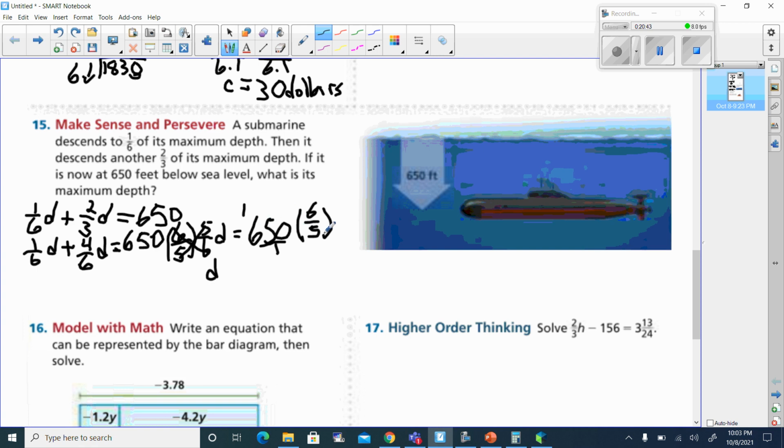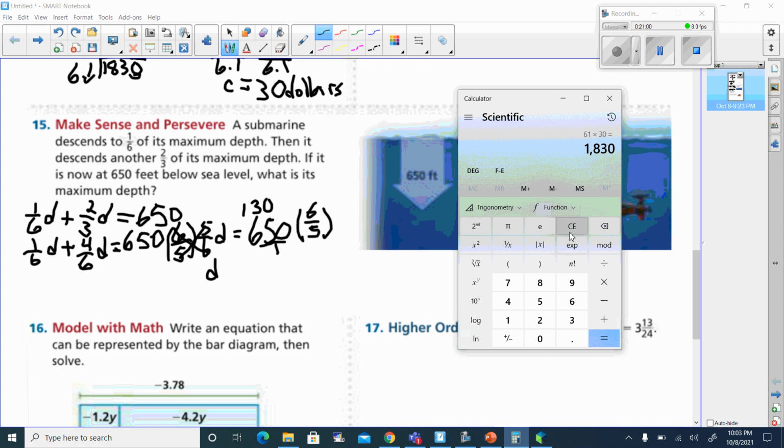Let's see, 5 will go into 15 3 times, and then that'll leave a 0 left over. So I'm going to say that if I multiply 5 by 130, it will equal 650. Let's just check with the calculator to make sure that my mental math is on target. Got 130 times 5. That does equal 650.